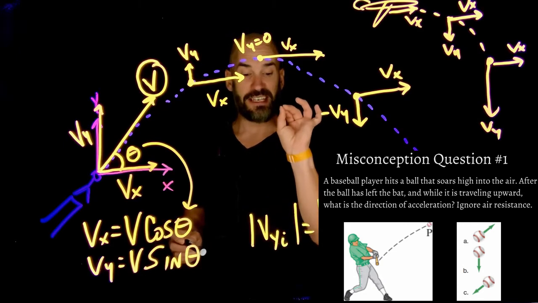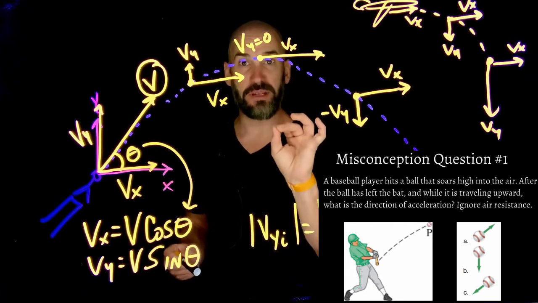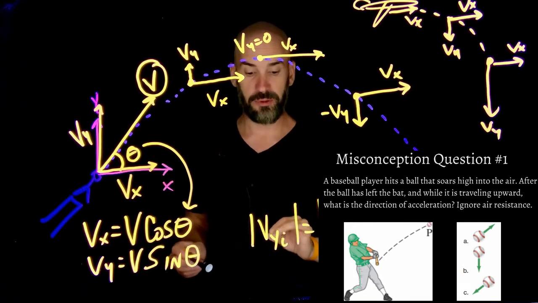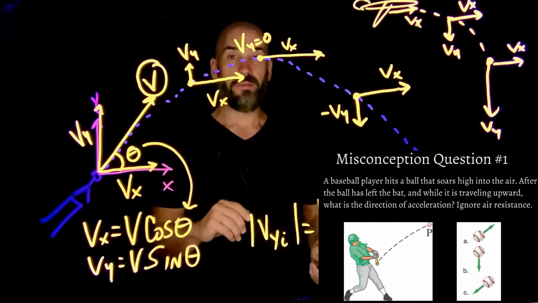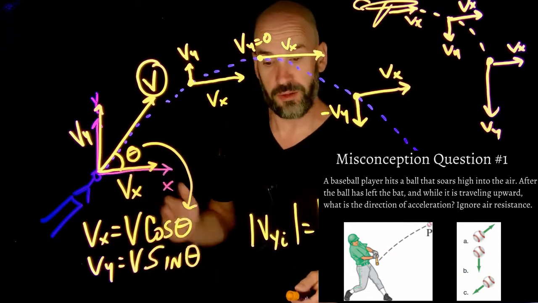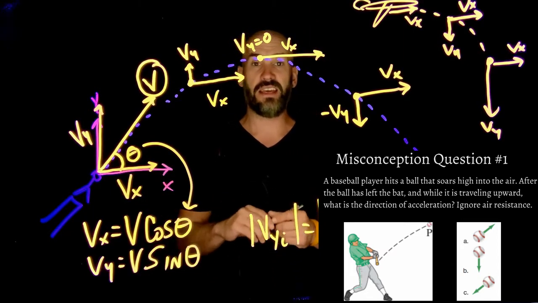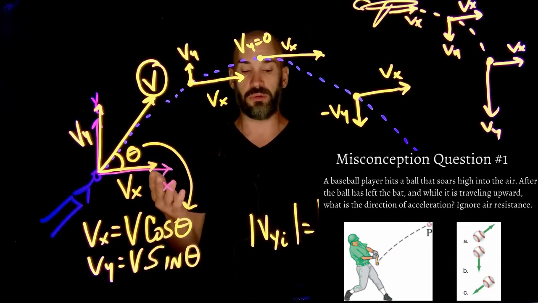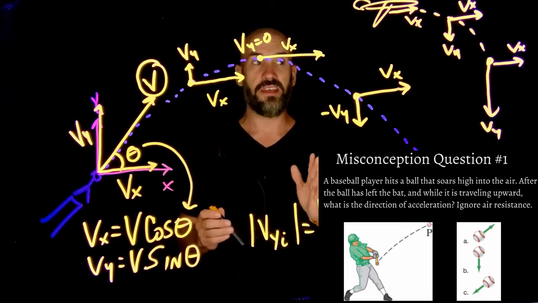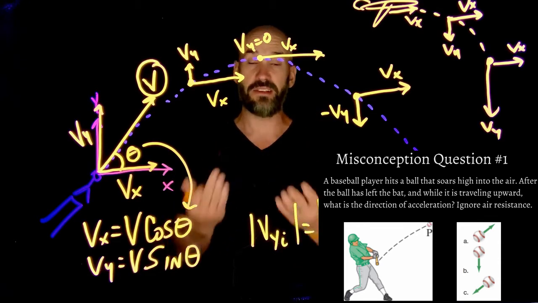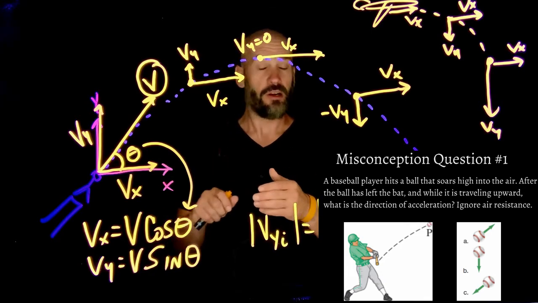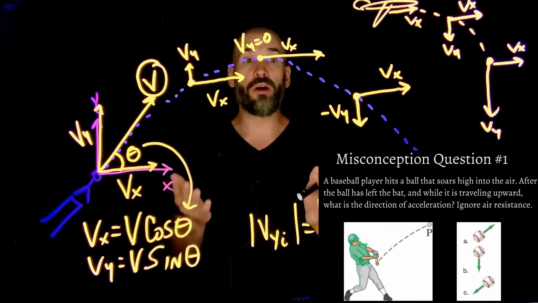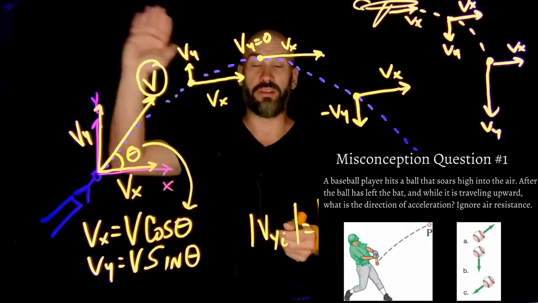This is one of the easiest places that students get tripped up. They think if they hit a ball, or kick a soccer ball, or do basically anything that causes something to fly in the air in projectile motion, that the force stays with the object. But that's not true. As soon as you hit the ball, there's no more force from the bat on the ball once it's flying in the air.